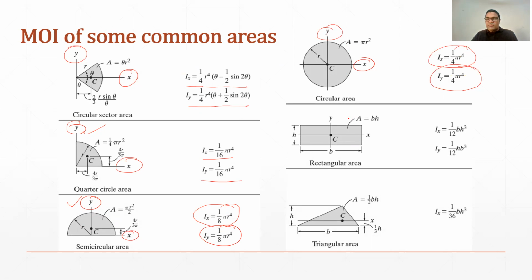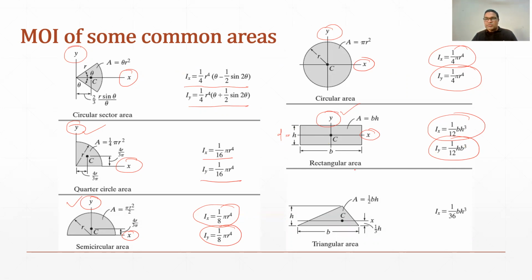Similarly, we have just calculated the rectangular area. The moment of inertia about the x-axis will be bh cube by 12. Similarly, for the y-axis, it will be hb cube by 12. Or if we replace h with d, it becomes bd cube by 12 or db cube by 12.